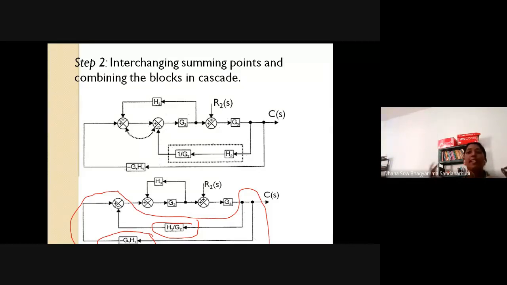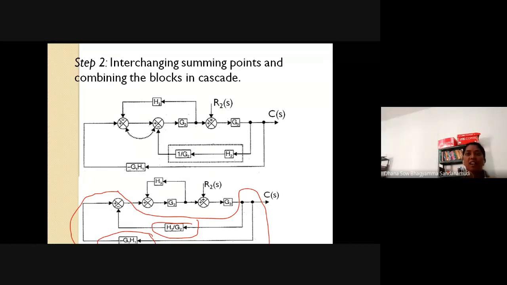When 2 gain values are directed towards the summing point, those 2 are connected in parallel, so their magnitudes must be added together. But there is a plus sign here, and there is no plus sign here. So instead of addition, you will perform subtraction here. These parallel elements are to be subtracted.